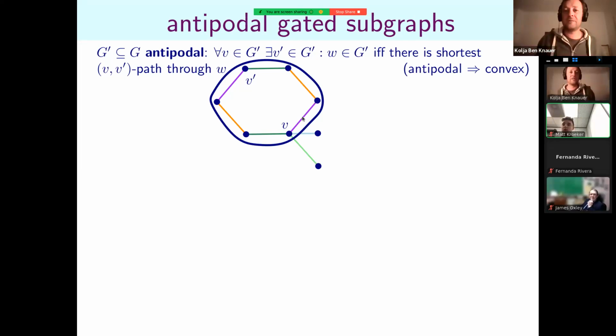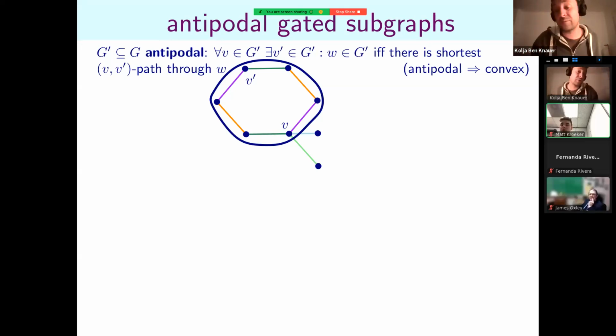This means every vertex in the subgraph lies on the shortest path from V to V prime. So this tells you that the subgraph is kind of round. Everybody has an antipode, such that the whole subgraph is the interval between him and the antipode.